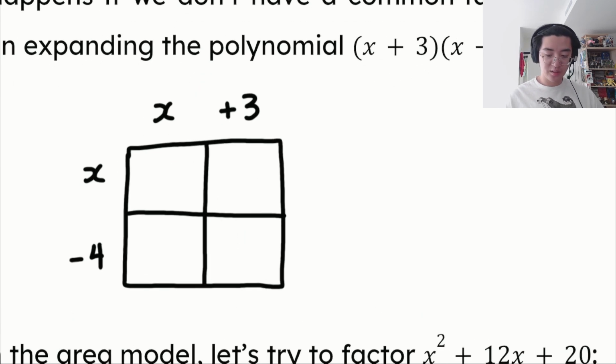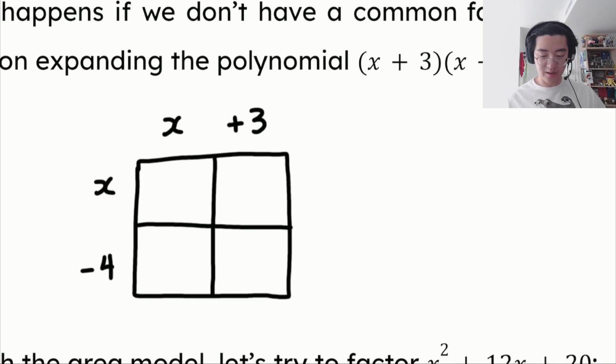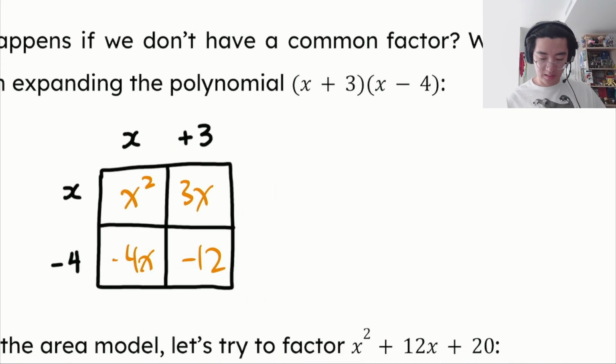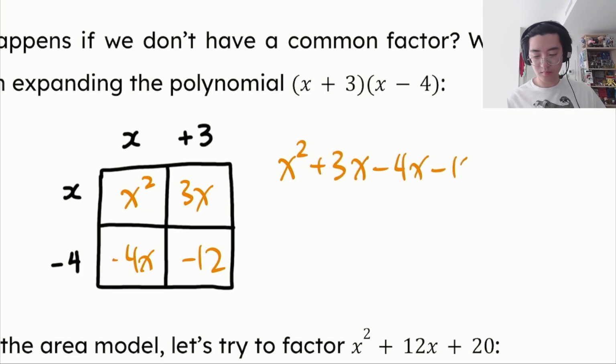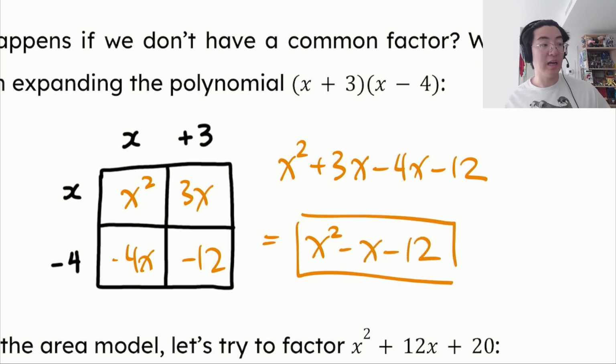We can use our good old area model. x times x is x squared, 3 times x is 3x, negative 4 times x is negative 4x, and then negative 12. And then we add that all up to get x squared minus x minus 12.